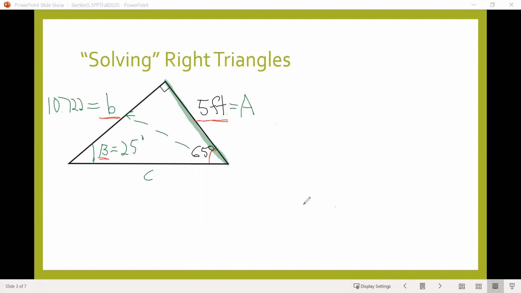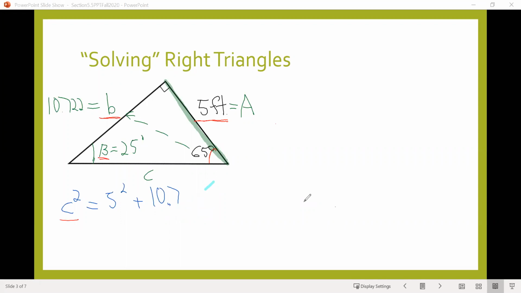For example, if I used the Pythagorean theorem to find side c, I'd set it up as c squared equals 5 squared plus 10.722 squared. Notice that this 10.722 is a number we had to round to get, and so it'll throw off our accuracy with finding c.